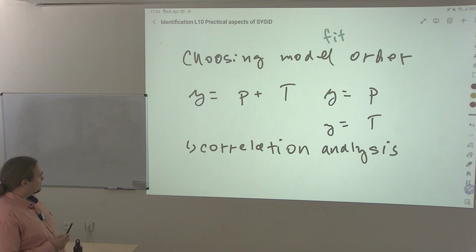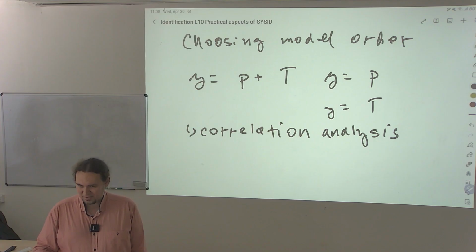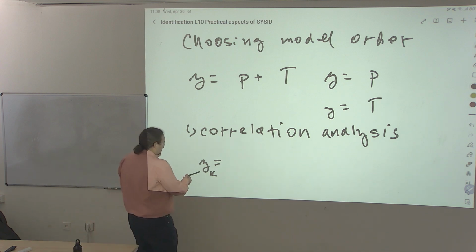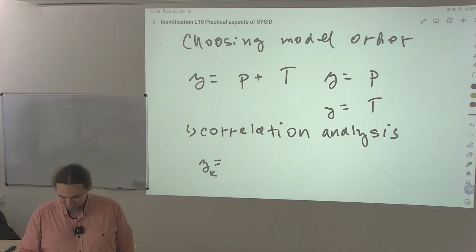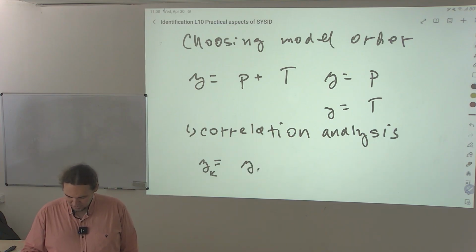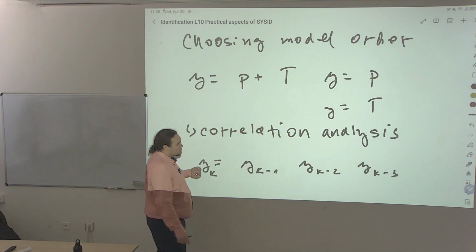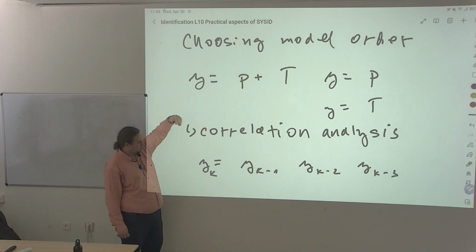Good. The question would be, what we have is a similar task here. How do the dynamic models look like? Basically there will be some terms which represent the past data. So the task is actually relatively similar here.